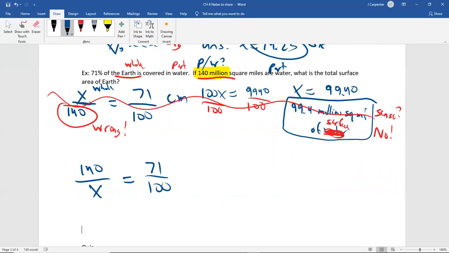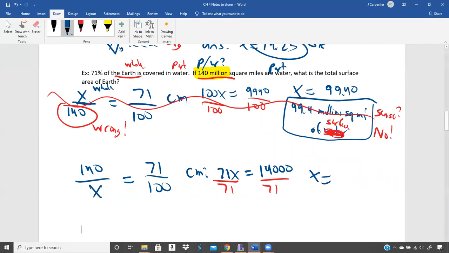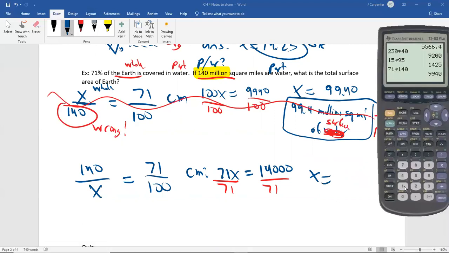So now when we cross multiply, we get 71x equals 140 times 100 is just 2 more zeros tacked on the 140. We divide both sides by 71. And that tells us that x is equal to 14000 divided by 71.